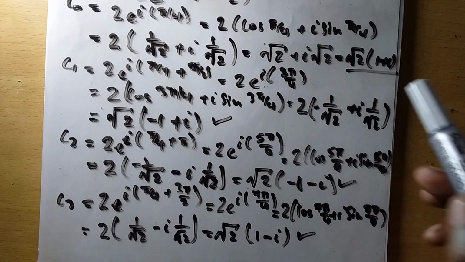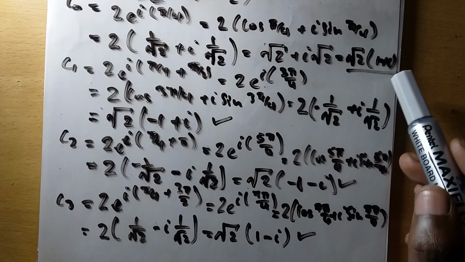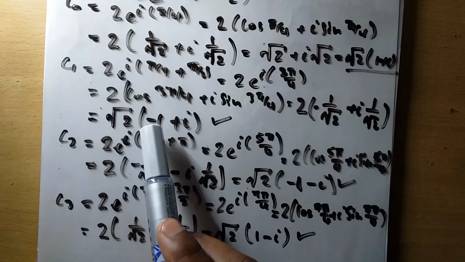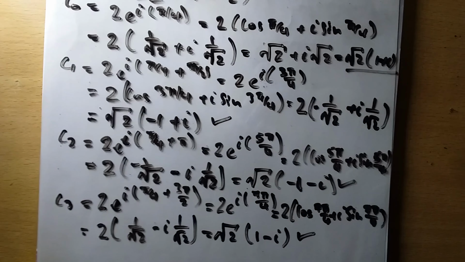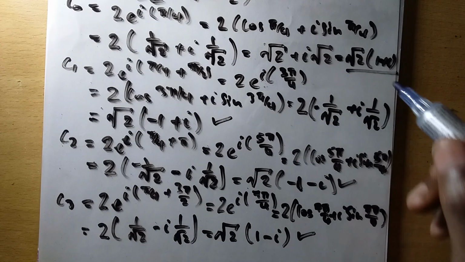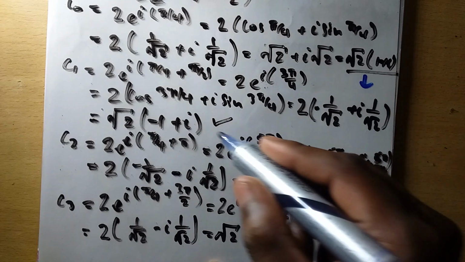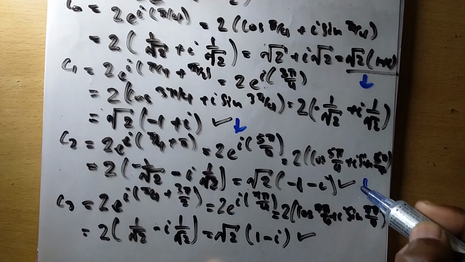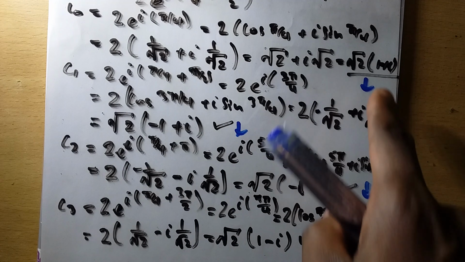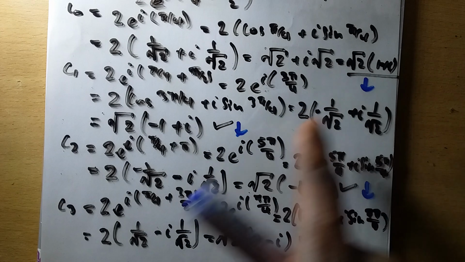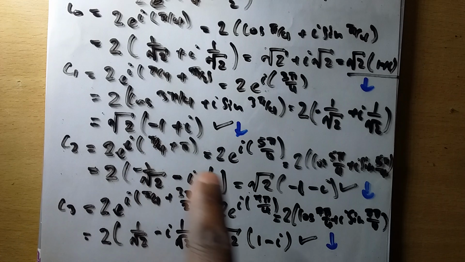We started off with both positive, 1 plus i, and then the real part became negative, then both became negative, and then only the imaginary part became negative. So it has been changing, going like this. Only the real part is negative, both are negative, and only the imaginary part is negative.